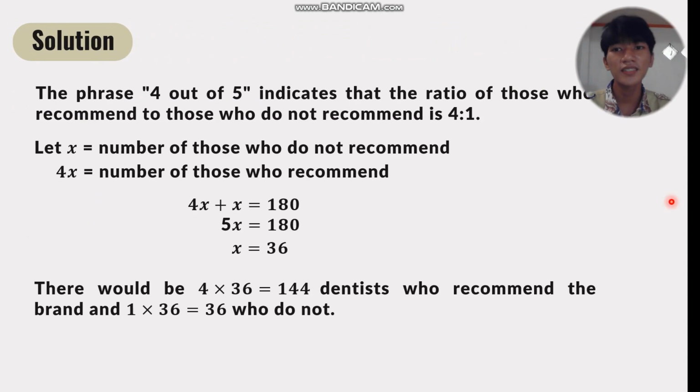Solution. The 4 out of 5 indicates that the ratio of those who recommend to those who don't recommend is 4 to 1. Let x be the number of those who don't recommend, and 4x the number of those who recommend. And we have 4x plus x is 180. So 5x is 180, and the value of x is 36.